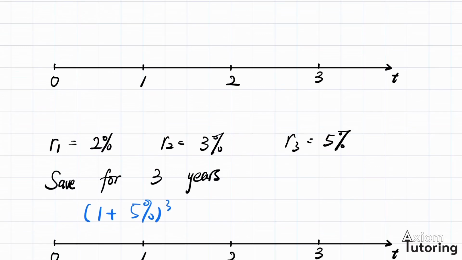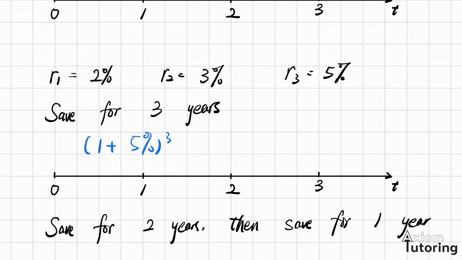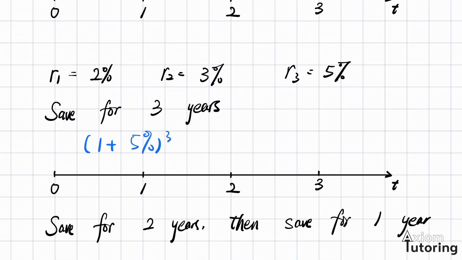So let's think about another scenario, which is, why don't I just save for 2 years, and then at the end of year 2 I take out my savings and then save at whatever rate year 2 provides me with for 1 year, and then I get to year 3 and I make that commitment right now.